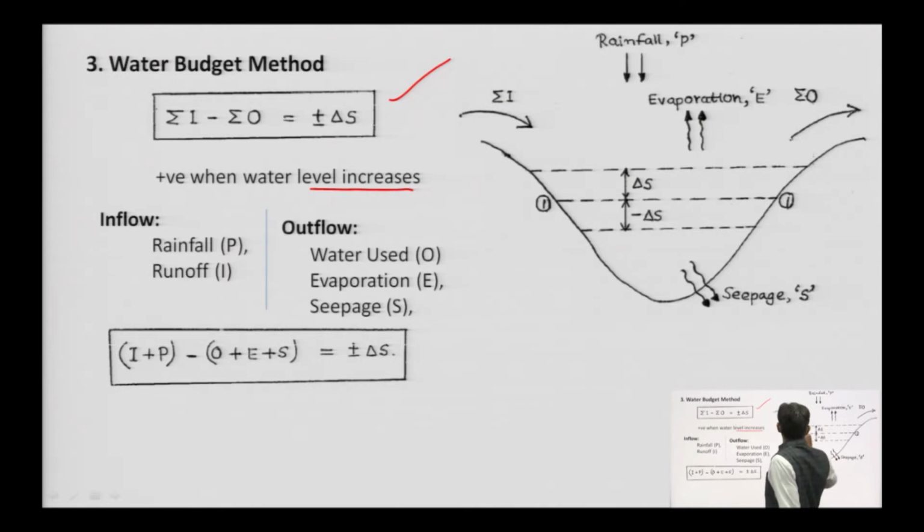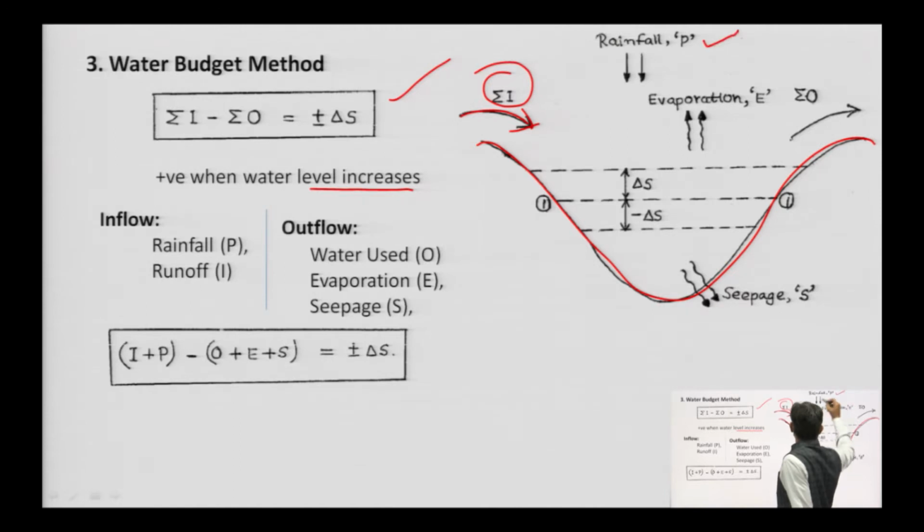Let us take this example. Say a certain quantity of water is added by the sum of I, and through precipitation; precipitation can also be there, and certain water comes from stream flow.